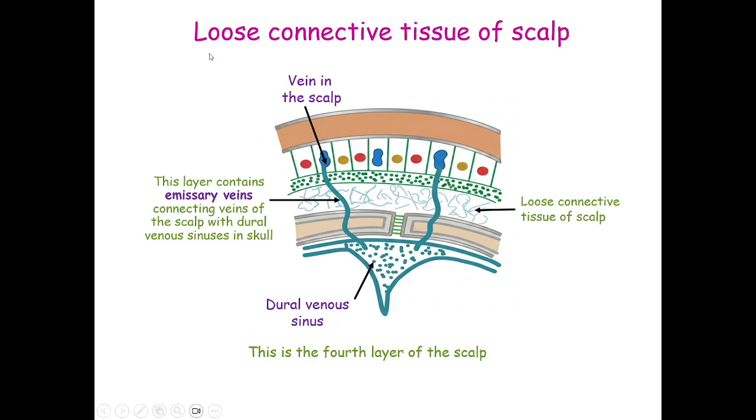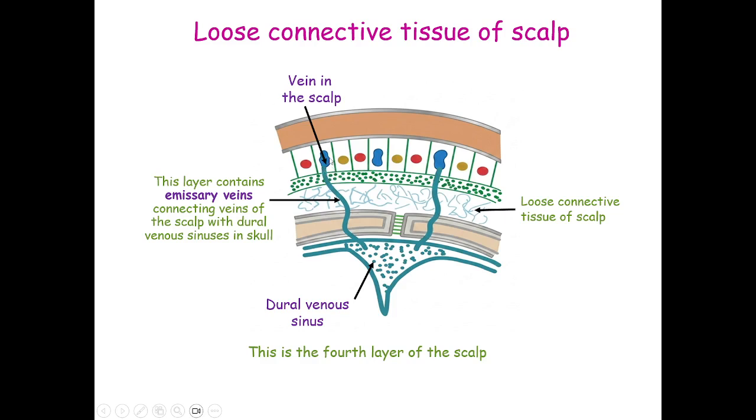Now we will see the fourth layer, that is the loose connective tissue layer of the scalp. This is the loose connective tissue layer which is made up of loose areolar tissue. What is the specific feature of this layer? This layer contains emissary veins connecting veins of the scalp with the dural venous sinuses in the skull.